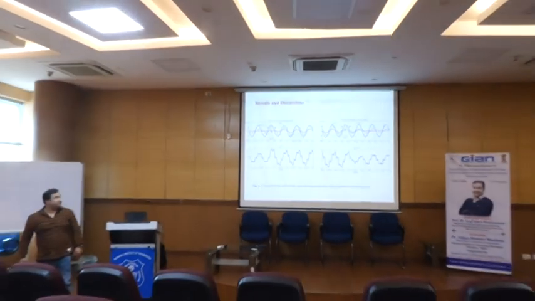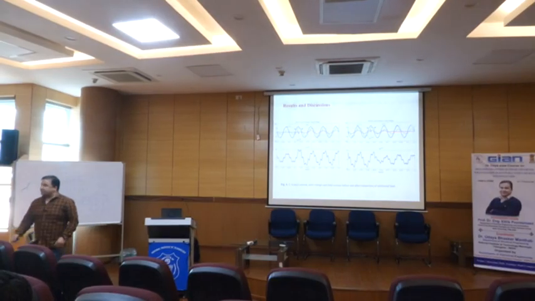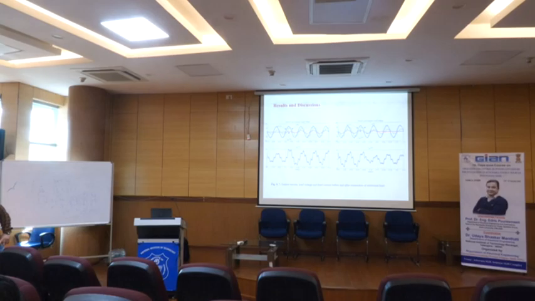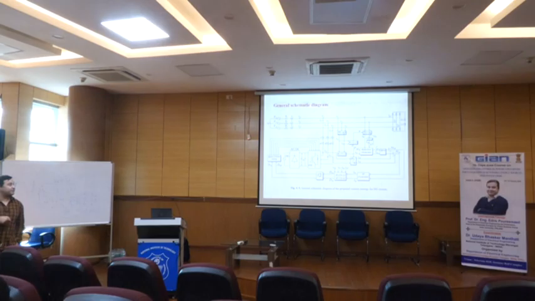Reactive power? Next one. It is not there because we don't have a filter. Look at here. We don't have a filter here, in the reactive power, but we have a filter here.